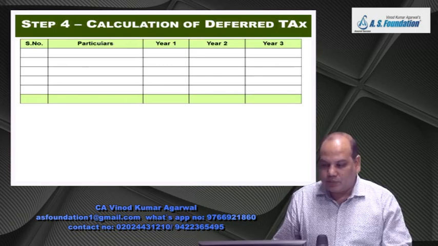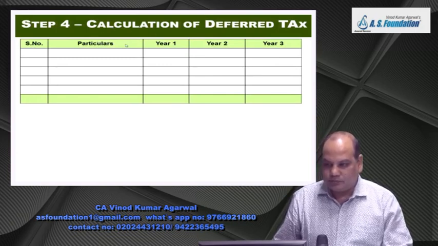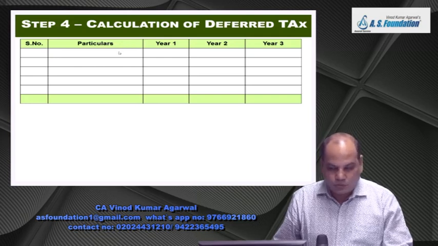Now write down next step number 4. Calculation of deferred tax. Year 1, year 2, year 3.